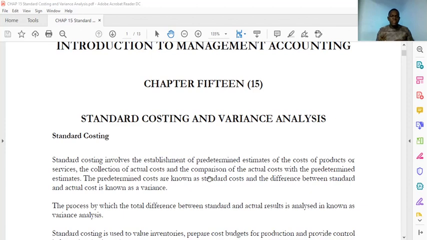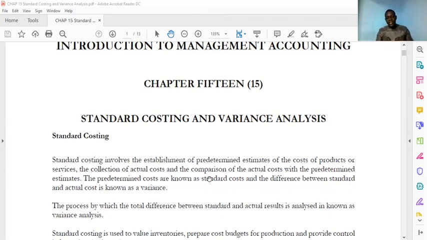Standard costing involves the establishment of predetermined estimates of cost of products or services, the collection of actual costs, and the comparison of the actual cost with the predetermined estimates. The predetermined costs are known as standard costs, and the difference between the standard costs and the actual cost is known as a variance.